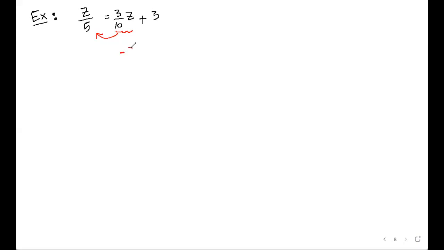So I subtract 3 over 10 z from both sides. Okay? So what do I get? Z over 5 minus 3 over 10 z equal what? 3.